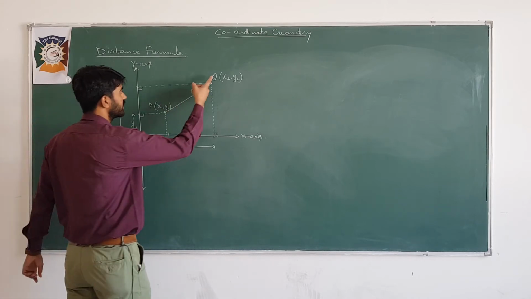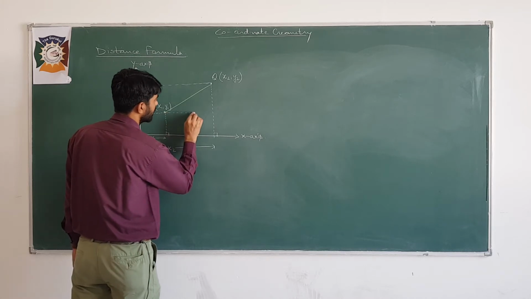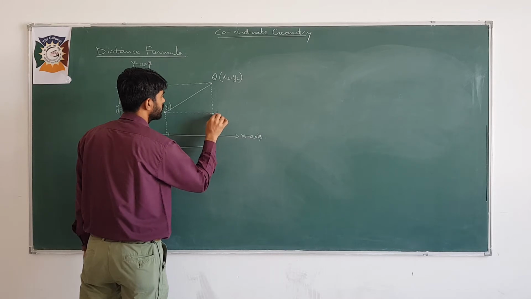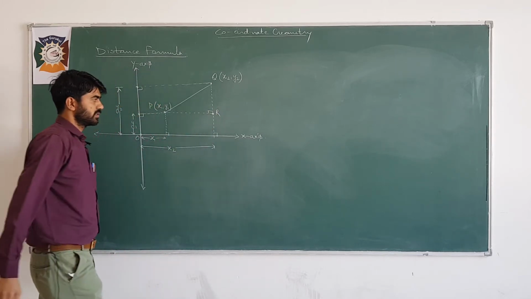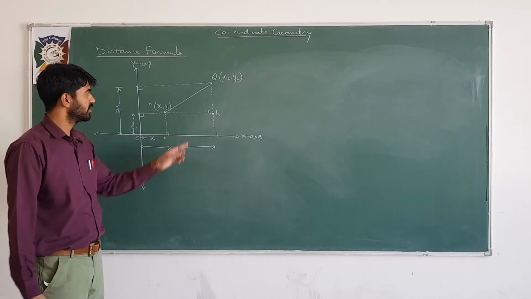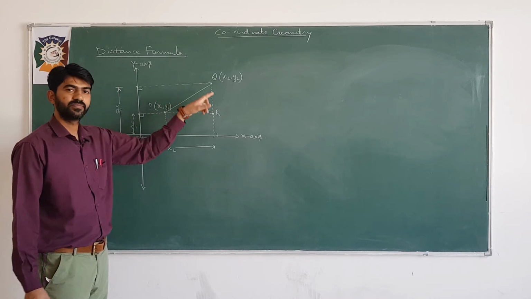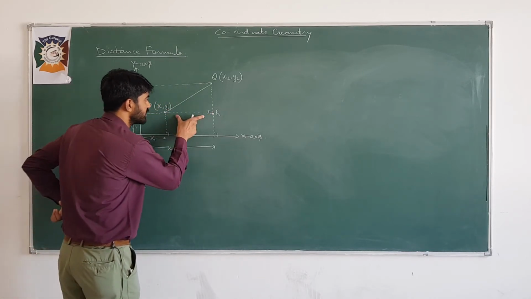But we need PQ, so I am extending this line to this point. Let this point be R. So this must be perpendicular. Now we have a right angle triangle PQR. This triangle is right angled, and what about this distance?